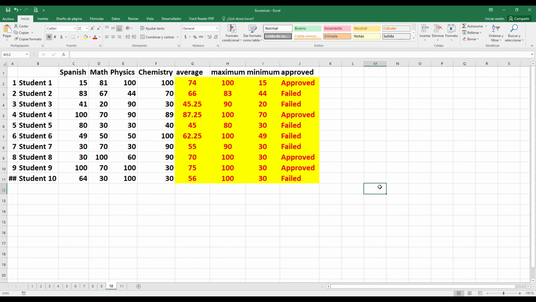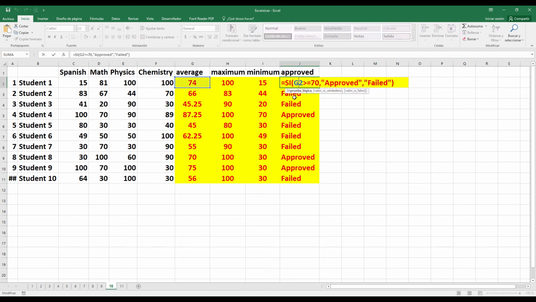And how do you know if the student approves or fails? You need to check the average of all the subjects. How? If G2, in this case student number 1, the average of student 1 is greater than or equal to 70, approve. If not, fail. Okay, this is very easy.